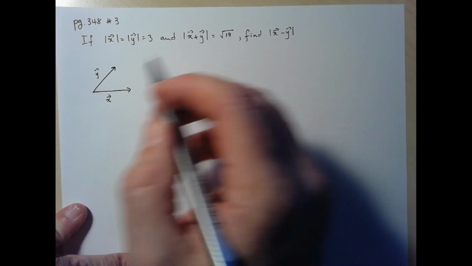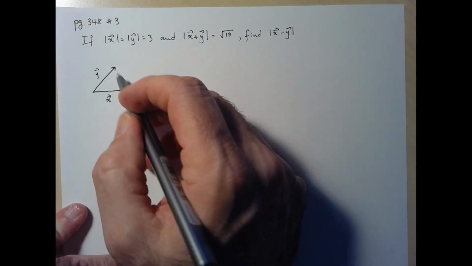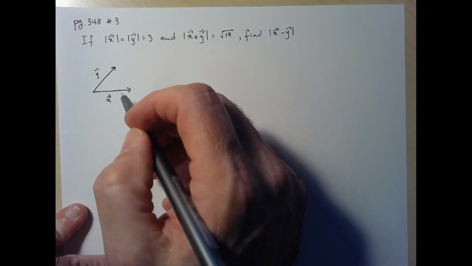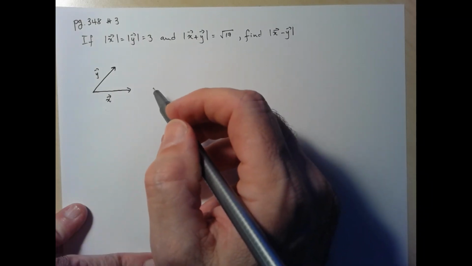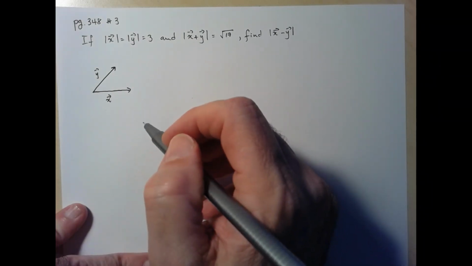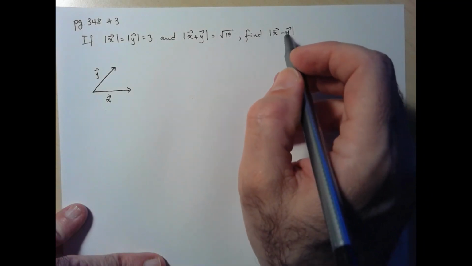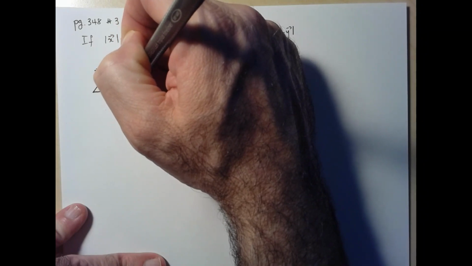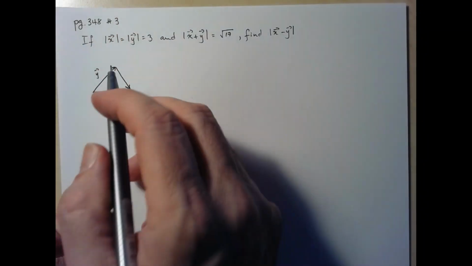Since I'm only looking for the magnitude, and that's the vector that joins the two tips, it doesn't really matter in what direction we go, but we should try to draw it in the correct order. Remember, for subtraction, tip of the second to the tip of the first. So this is the vector for which we want to find the magnitude.